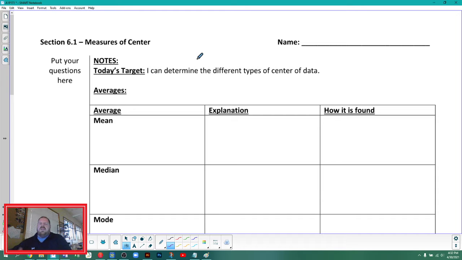The mean is probably most known as what we would typically call the average. It is really what we consider to be the weighted average of the data.